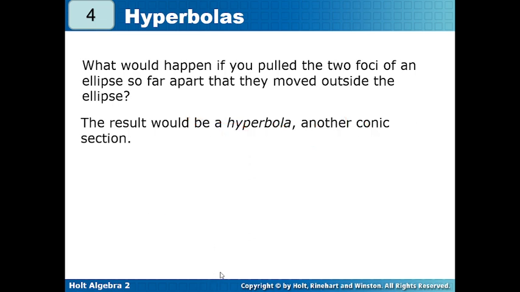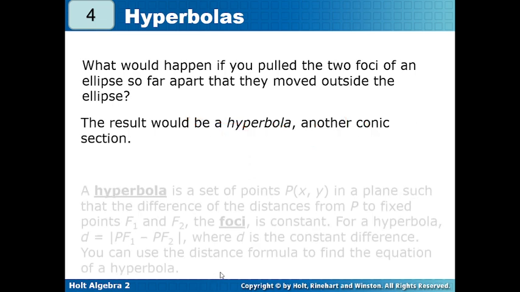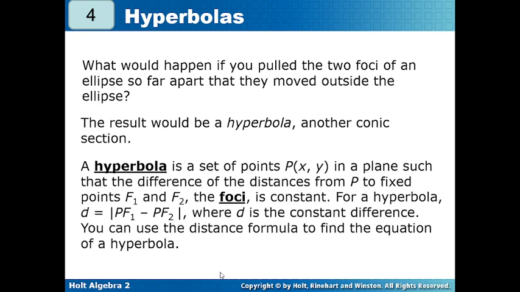A hyperbola is a set of points in a plane such that the difference of the distances from the point to the fixed points focus 1 and focus 2 is constant, and these are the foci.